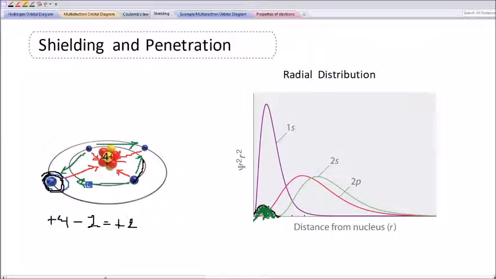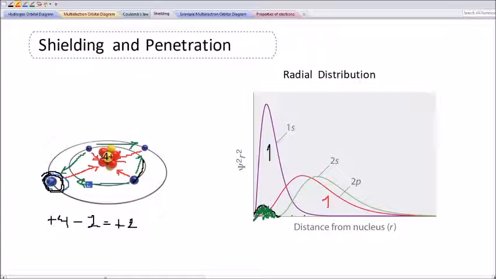If there was no electron in the 1s orbital, then the energy of the 2s orbital and the energy of the 2p orbital would be the same. However, because we have an electron in the 1s orbital, we have shielding from the nucleus when we're looking at the electron in the 2p orbital.